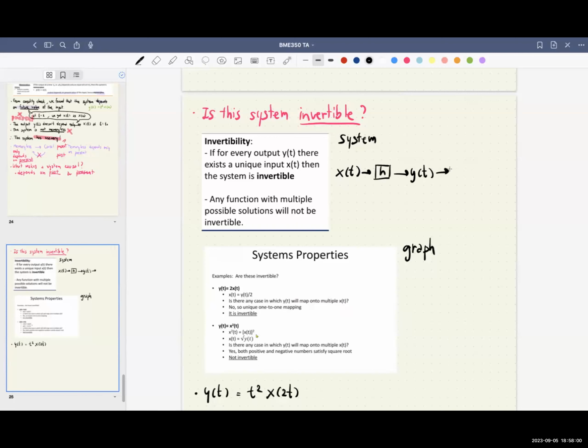And when I put the output y(t) into the inverse of the same system, I will expect to get the same x(t). So for every output y(t), there exists a unique input x(t). Only one x(t) for only one y(t).